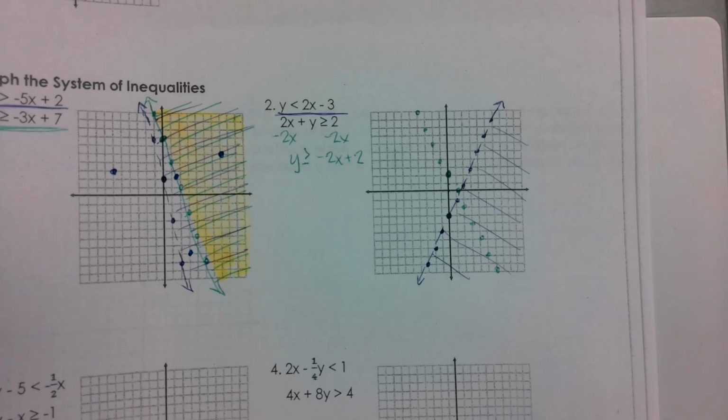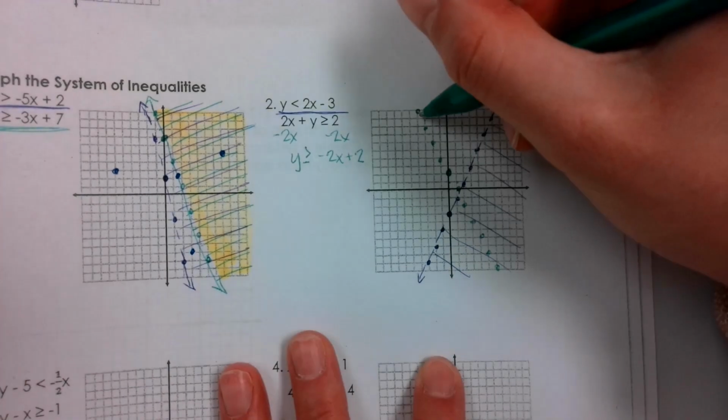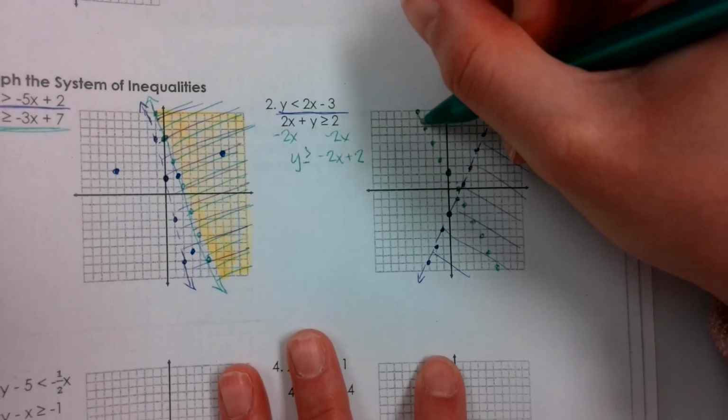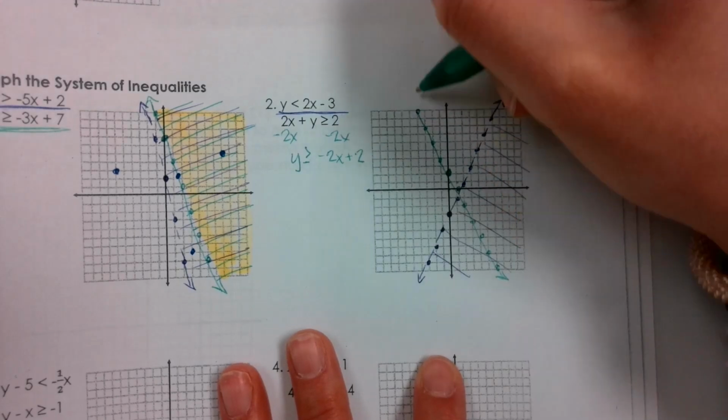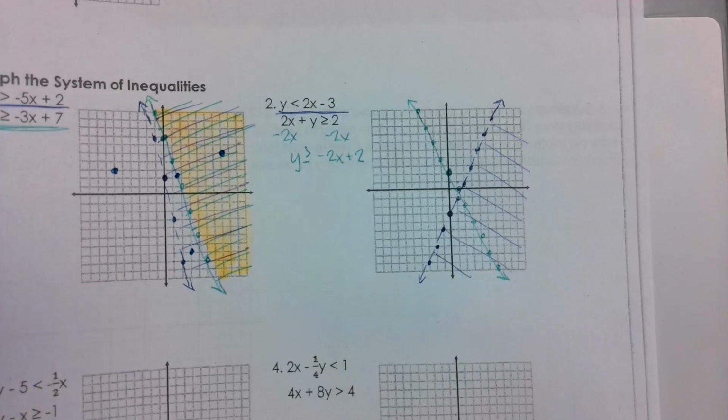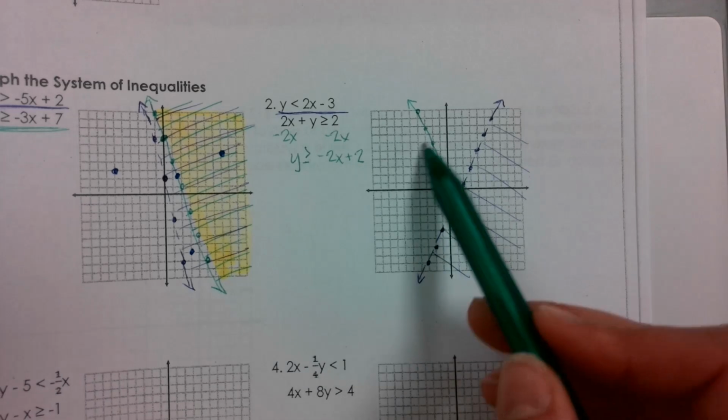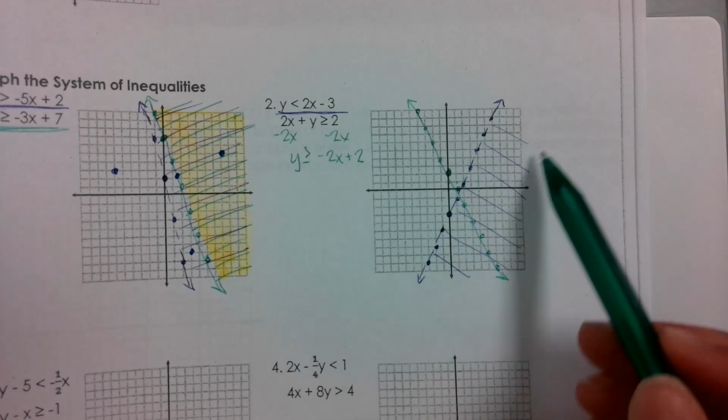Julia, is that one going to be a solid or dotted line? Solid. How do we know that it's solid, y'all? Equal to, good. Chloe, it says y is greater than, so is that above or below? Above. So y'all, is that option 1 or option 2? 2. So we're going to shade above that line.